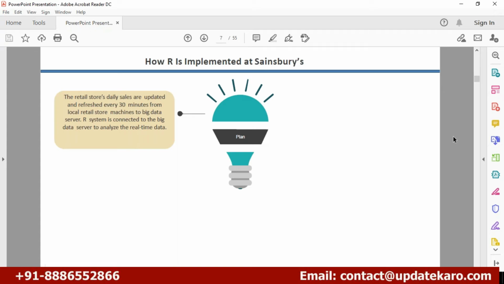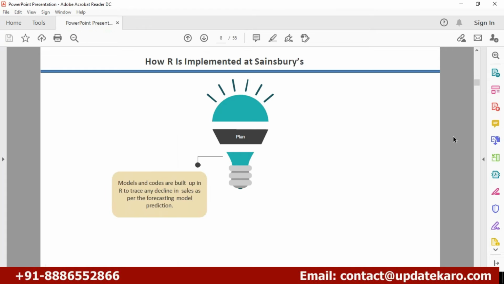So our system is connected to the big data server to analyze the real-time data. So what happened? Every 30 minutes data is coming, and this data is connected to the big data server, and R is connected to the big data server. So you are getting real-time analysis.